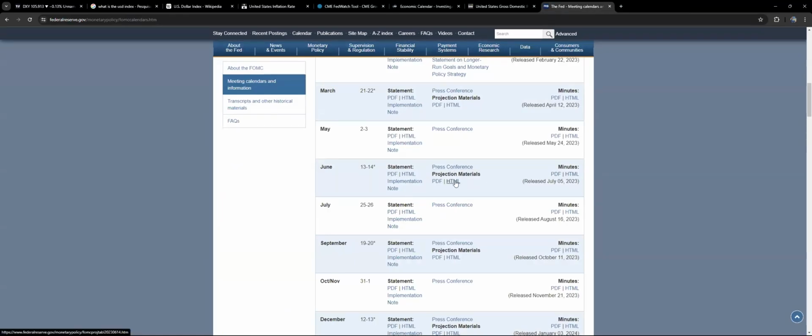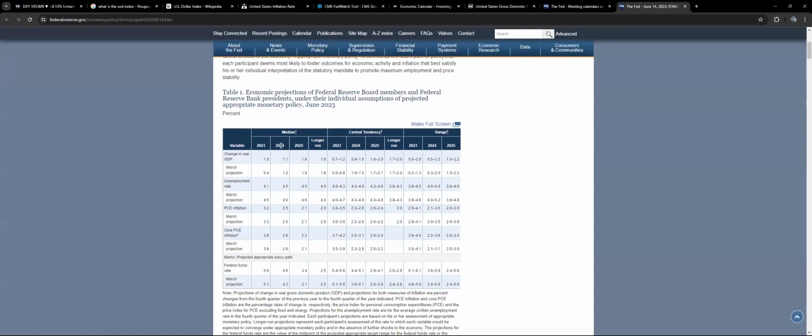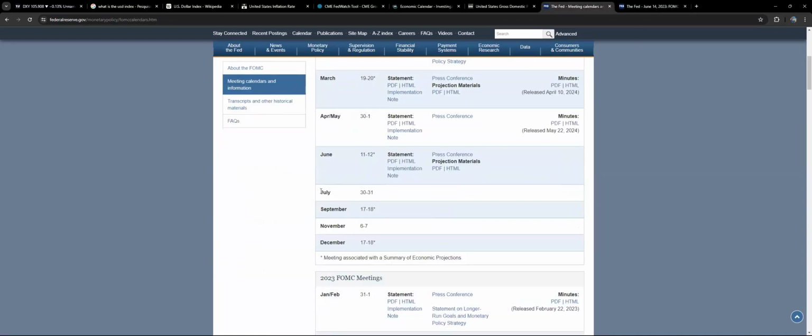Press conference. Projection materials. HTML. GDP 24. Change in real GDP 1.1. March projection 1.2. Okay, so that's the number I want. So the change in real GDP, they were expecting to be 1.1. That was in June 2023.